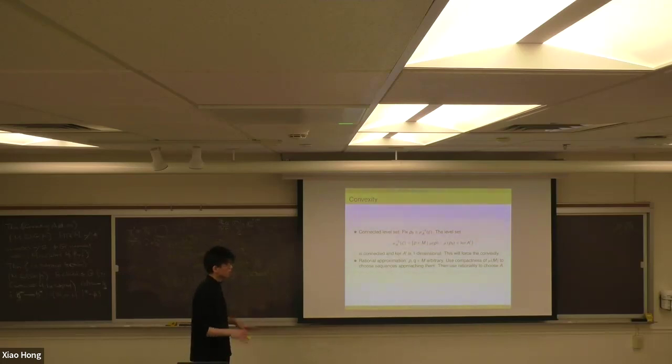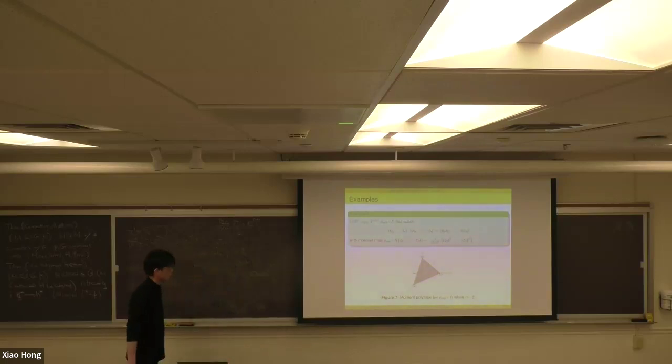And we can also assume these sequences have rational entries. The approximation is due to compactness. And then there are some technical details. If you want to see that, you can also ask me at the end.